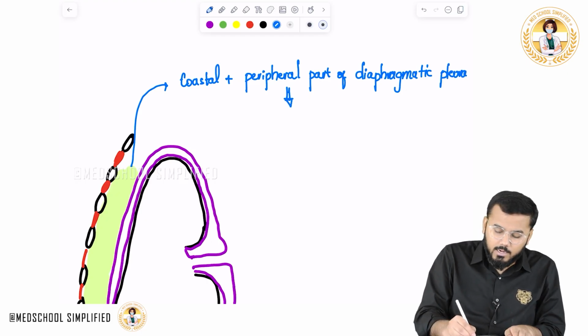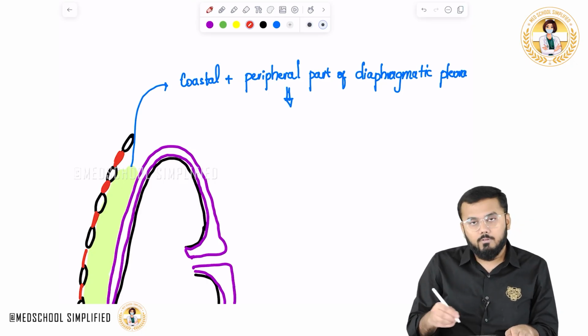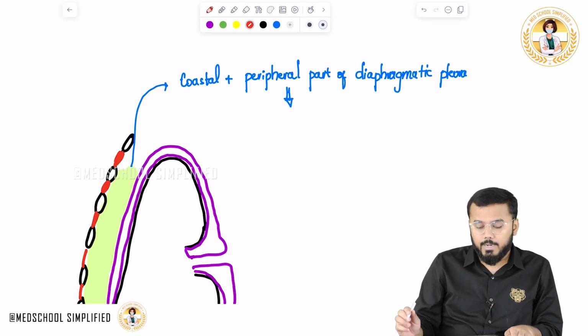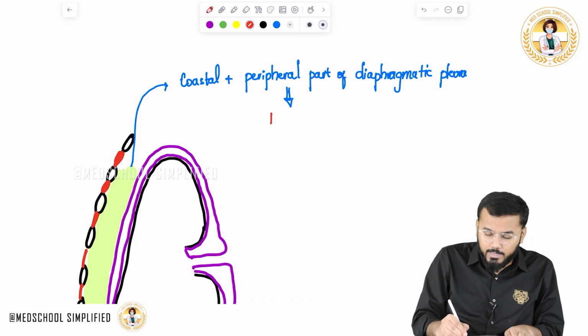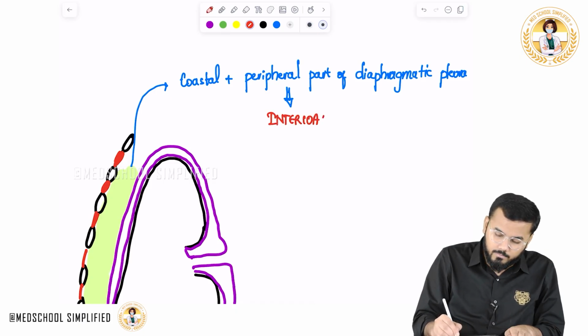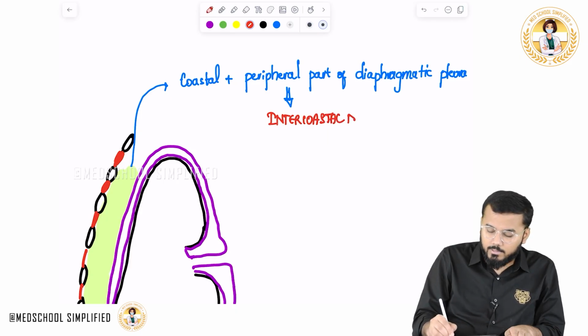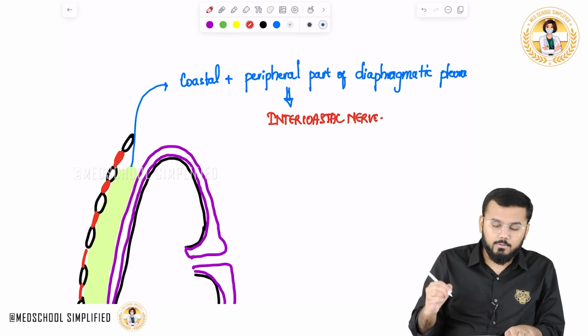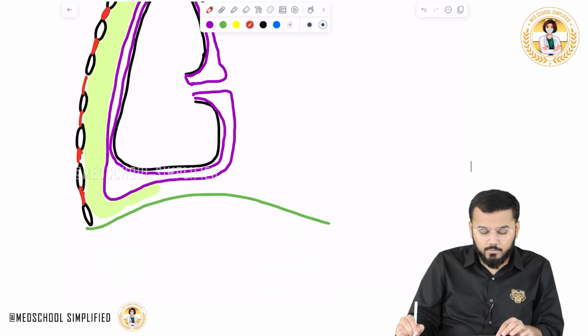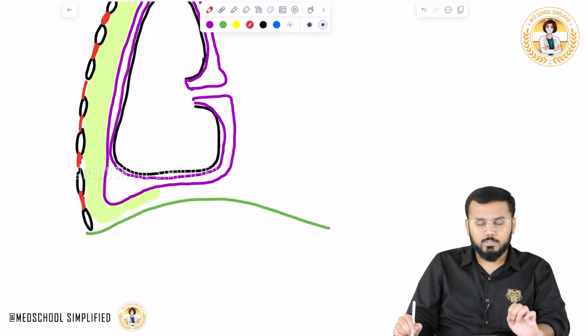Both of them are covered here, right? This part of the parietal pleura is supplied by intercostal nerve. Okay, so this part of the parietal pleura is supplied by intercostal nerve.